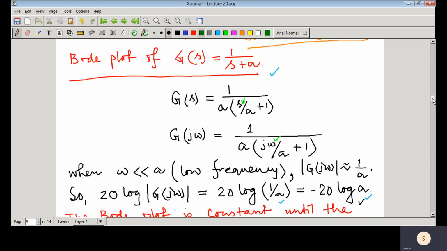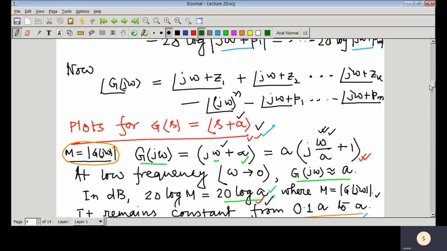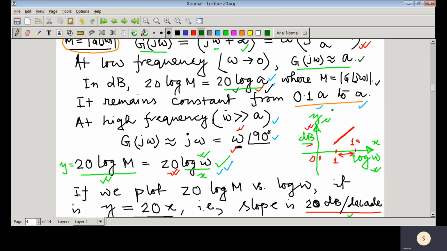And we can see that for the first one, s plus a, in the low frequency, a is the corner frequency, and from 0.1 a to a, we can see that it is 20 log A. So here A equal to 2, so that is 20 log 2, and 20 log 2 is nearly equal to 6 dB.